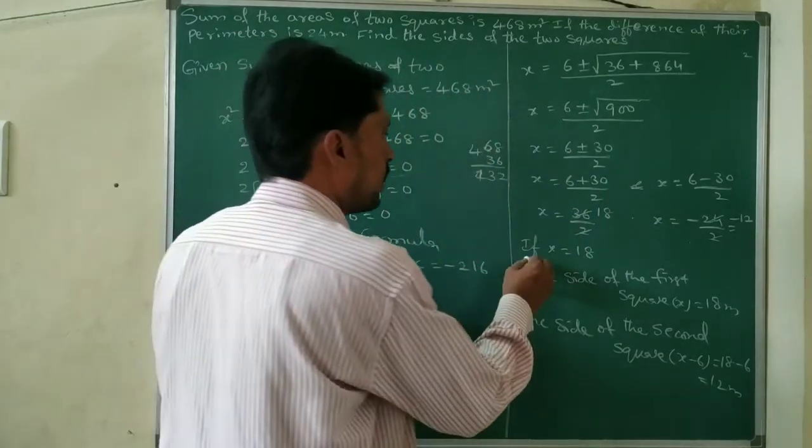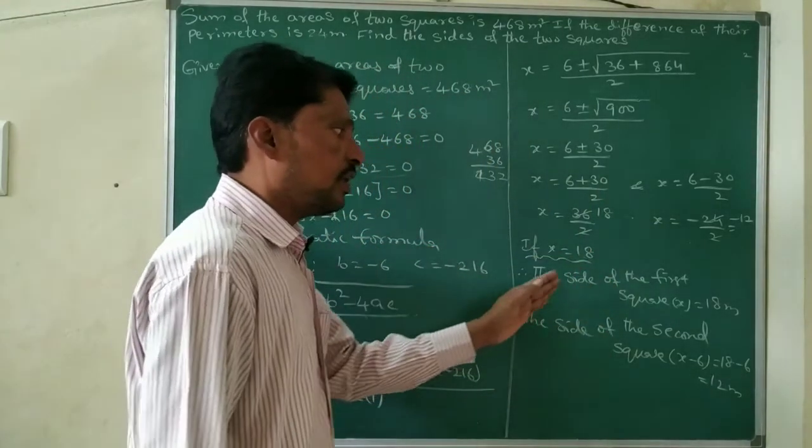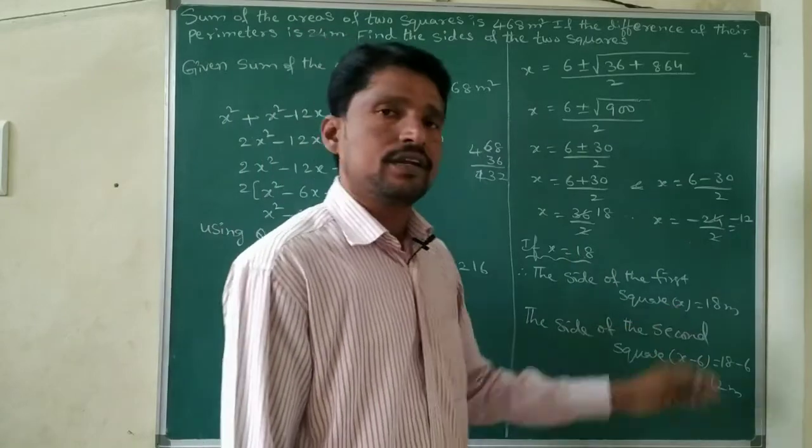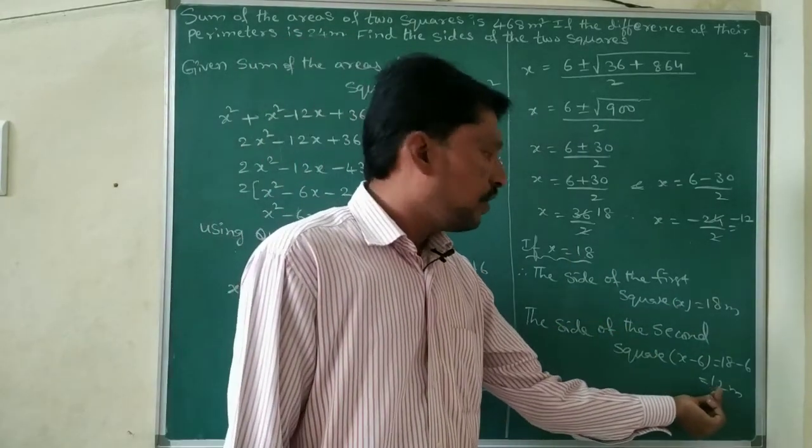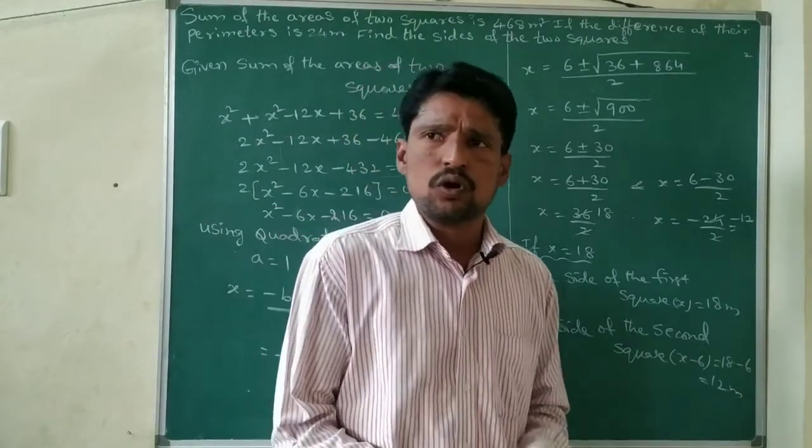So the side of the first square is 18 meters and the side of the second square is 12 meters. So we got the two answers.